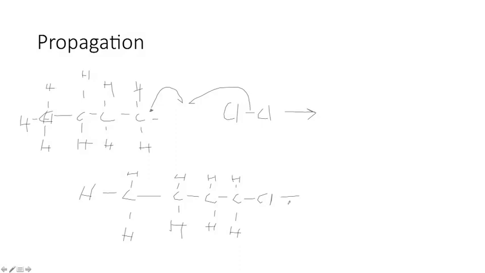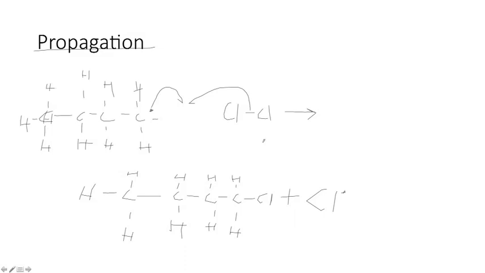And that's also going to produce another free radical. So this stage can go on for a long time, because you have another free radical. This free radical can react again, and that can substitute off another hydrogen until there's no more.